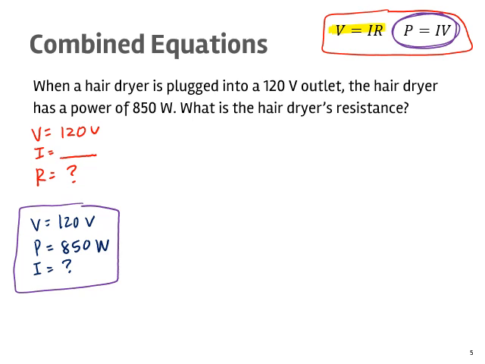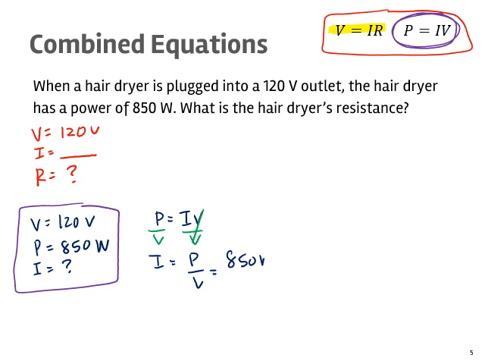If we're able to solve for I out of this equation, we can plug it back into V equals IR. So let's do that here real quick. We have P equals IV. We need to rearrange this to where I is on a side by itself. So that is going to give you I equals power over voltage. All of our units are in the correct format.